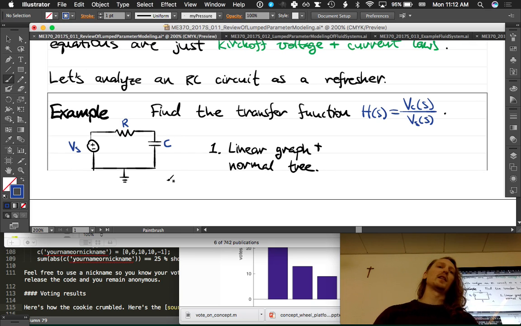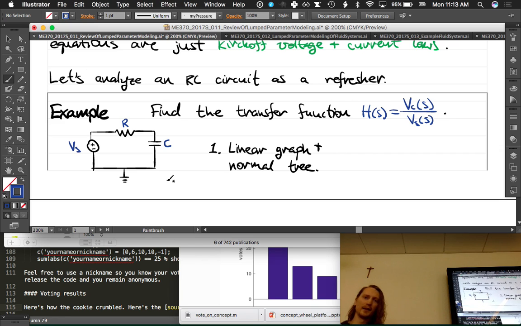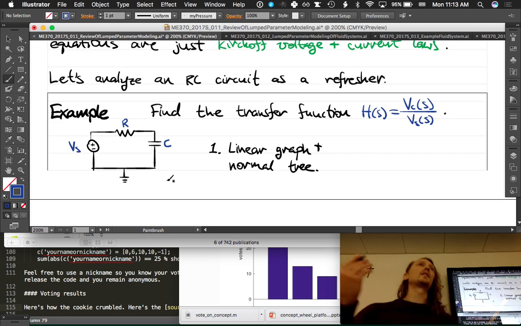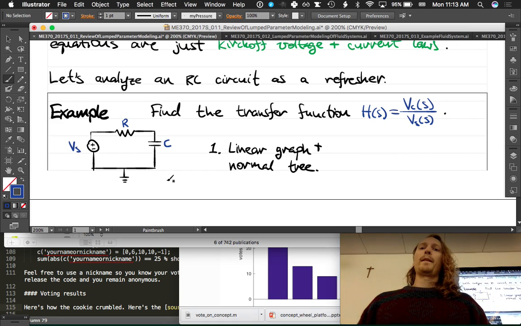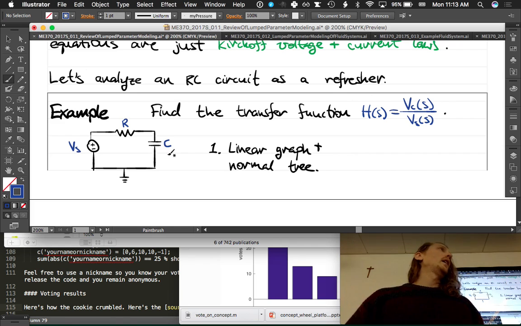Okay, so this is our good old friend, the RC circuit, with a voltage source. And we're gonna mix it up a little bit today. We're gonna find the transfer function because we just learned how to find transfer functions. So why not? Let's find the transfer function from the input Vs to the output Vc. So from Vs to Vc.